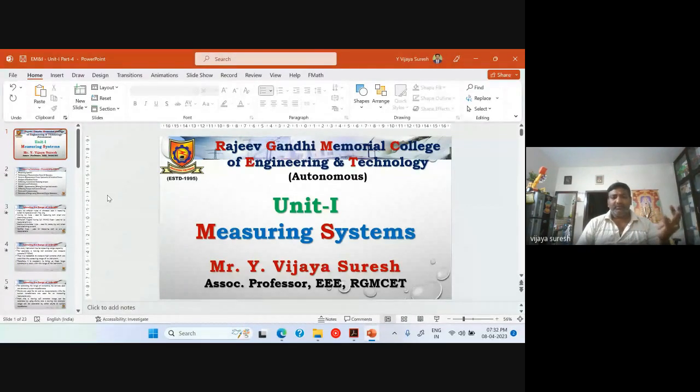Then deflection, that is MC meters and MI meters, we have discussed online, and extending the range of voltmeters and ammeters we have discussed over the last three days. The problems on the topics discussed in the last three days we are going to discuss from Monday onwards in the physical class. I will convert these PPTs into PDF and send them to you, and you prepare the notes on your own.